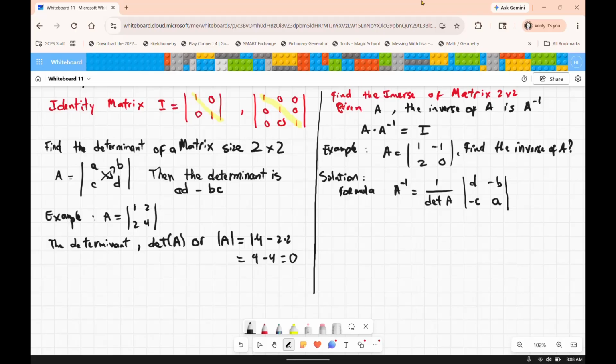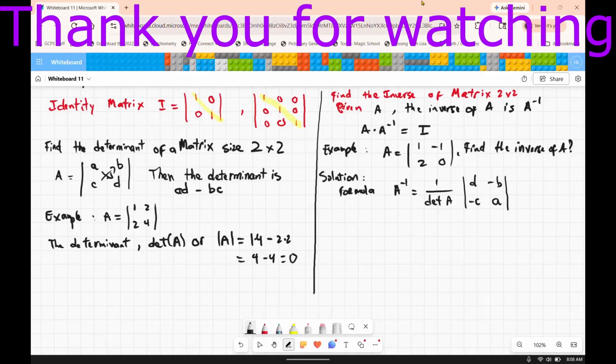So for A inverse, first we need to find the determinant of A. Now, how do we switch this matrix? So here we go. The original is A, B, C, D.